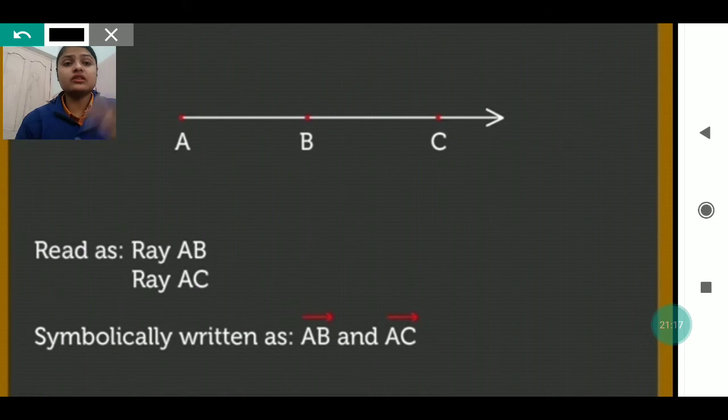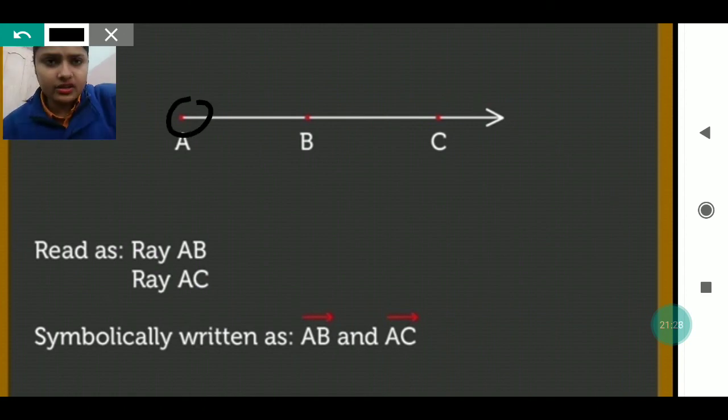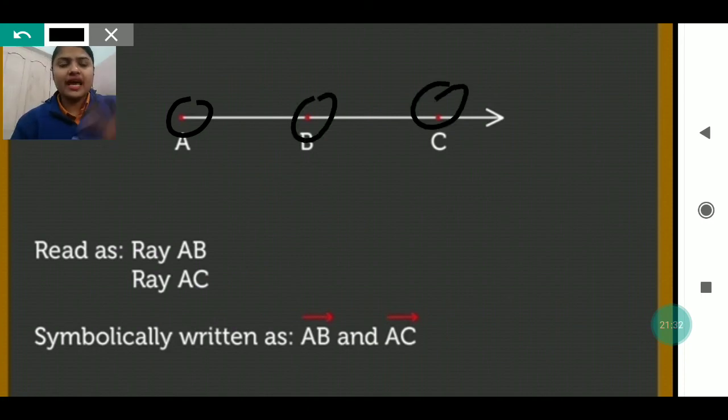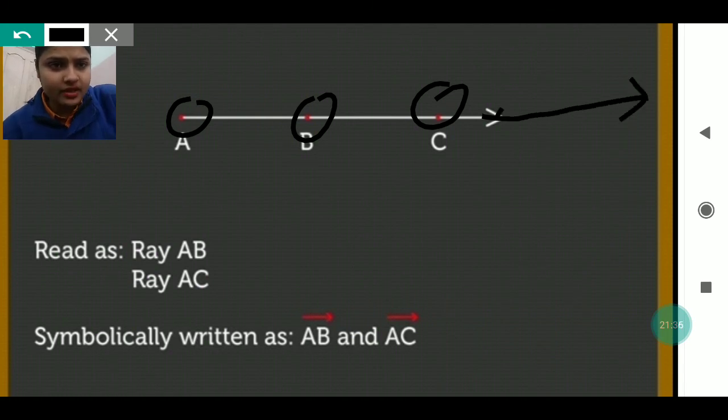You can see here, as I have already told you, you can put an infinite number of points on the ray. A is 1 point, B is also 1 point, C is also 1 point, and it can be extended more. You can put E also 1 point, F also 1 point.